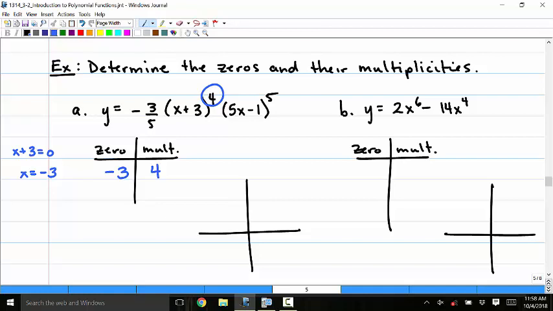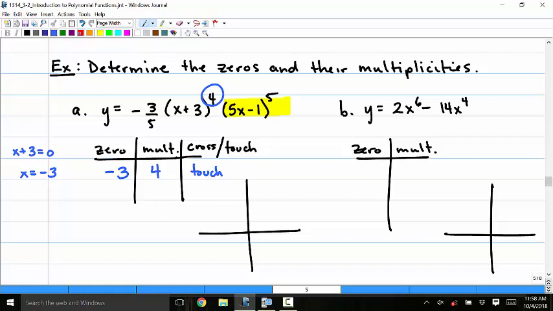So I'm going to add another column and ask you, does it cross or touch at this zero? The multiplicity is even, so it's going to touch. Okay, the next linear factor, (5x minus 1) to the fifth.